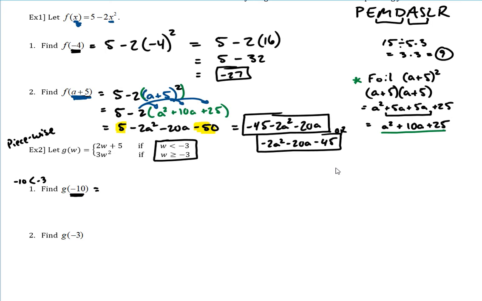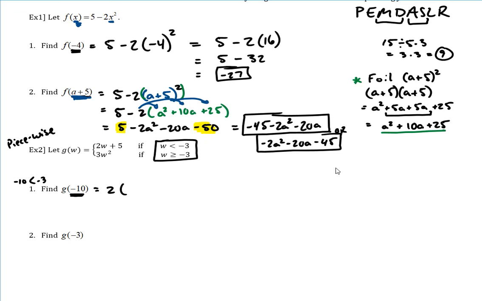So negative 10 is more negative than negative 3. It's further left on the number line. So that means we should use this first piece. So this is telling us use that top piece right there instead of the bottom. So it's always just one piece or the other. It's never both.